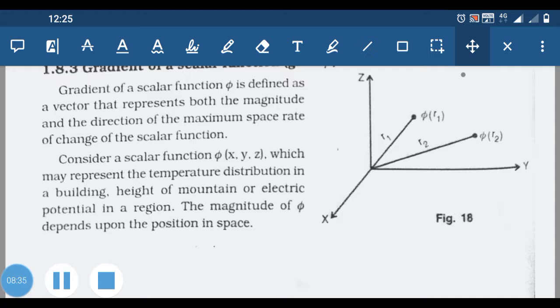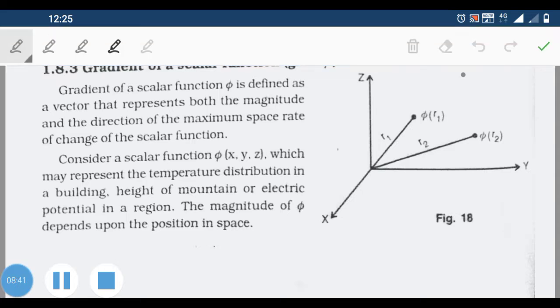Then the gradient of a scalar function is defined as a vector. That is important: the gradient of a scalar function is a vector. It represents both the magnitude and direction of the maximum space rate of change of that scalar function. So in order to find the maximum rate of change, you have to find the grad phi of that function.